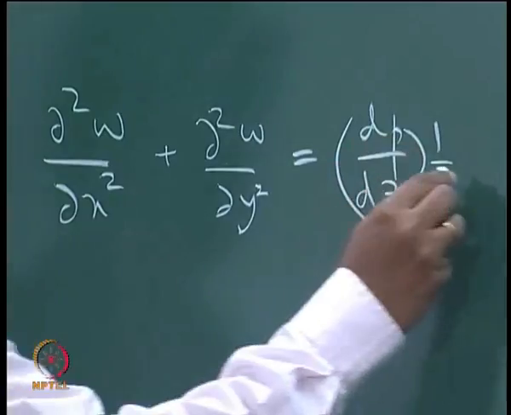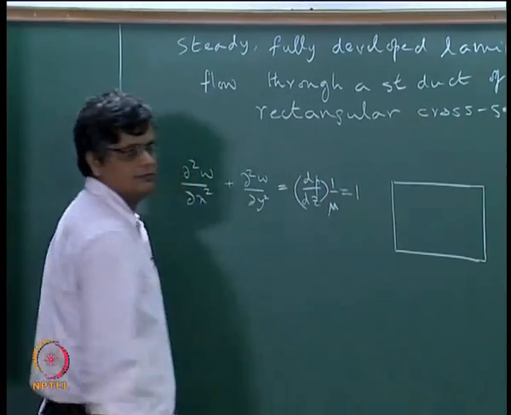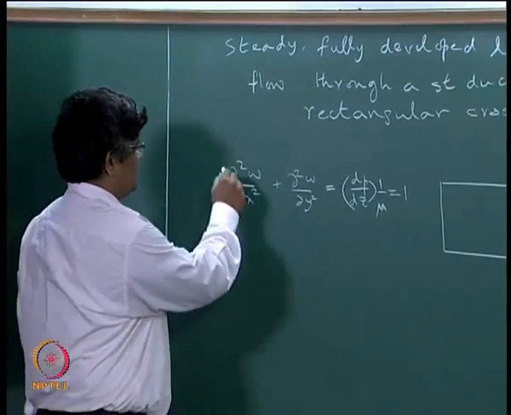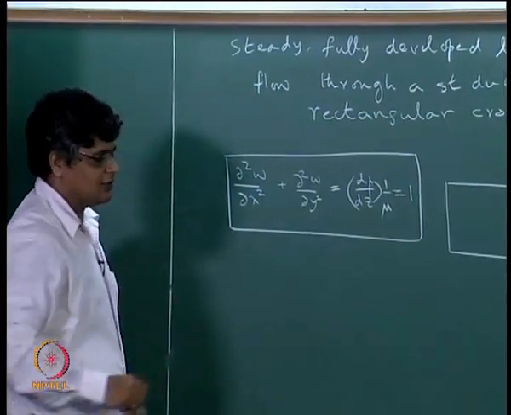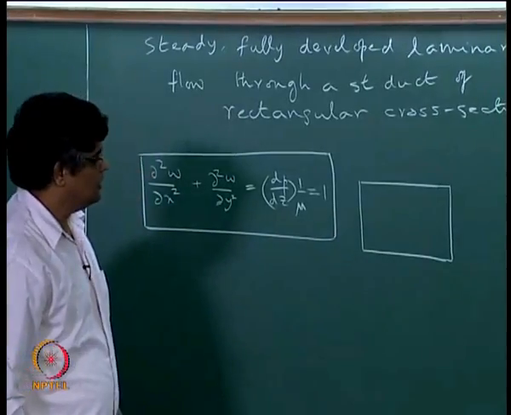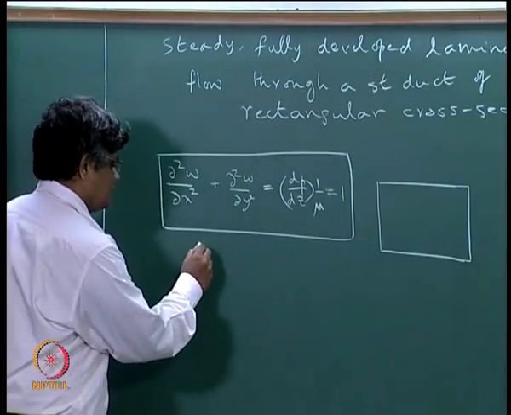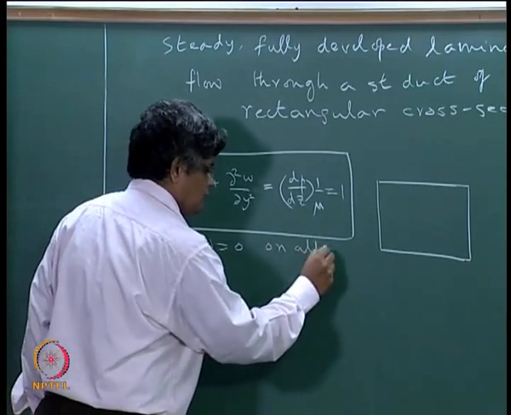So we will put this whole thing to be equal to 1. So this is the equation that we want to solve, subject to this domain, and we will put some numbers to this very soon, and subject to the condition that W is equal to 0 on all walls.